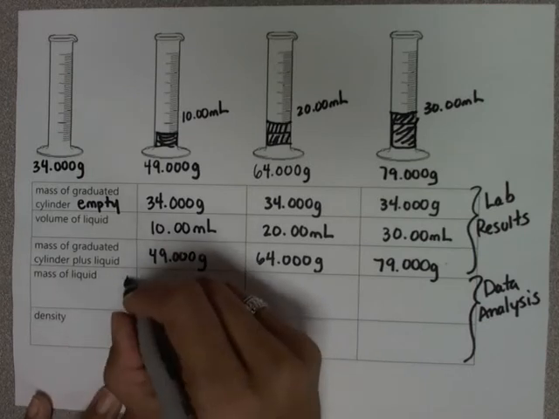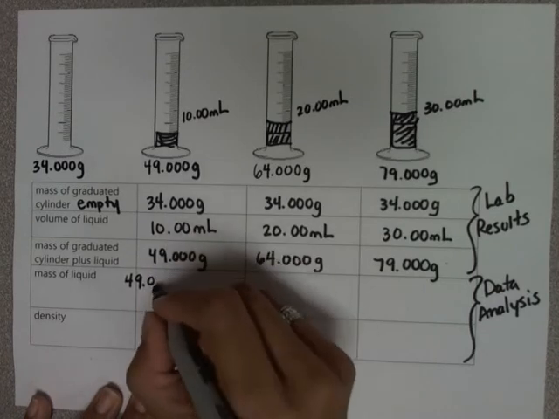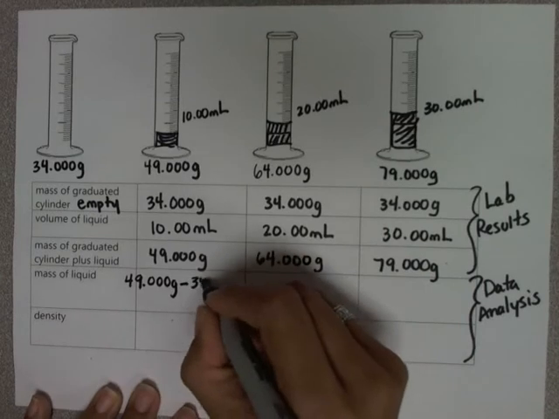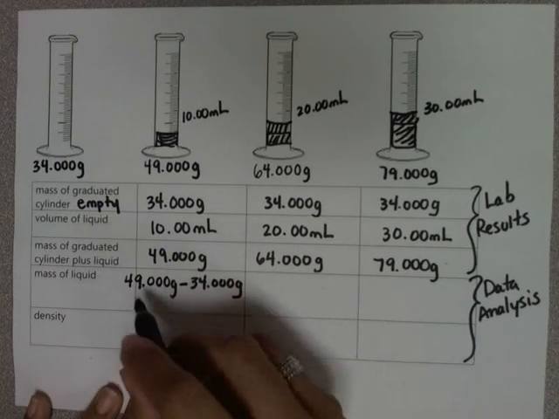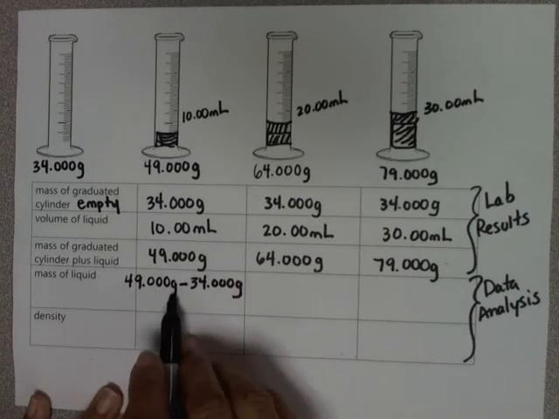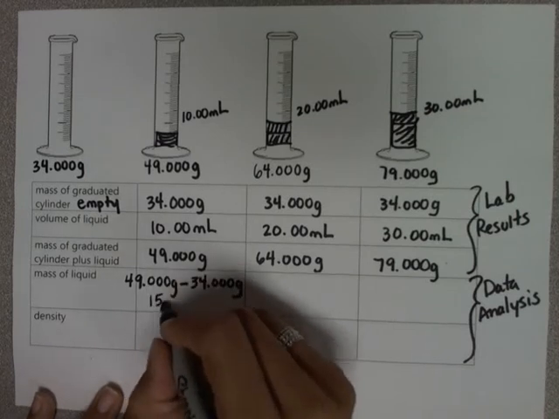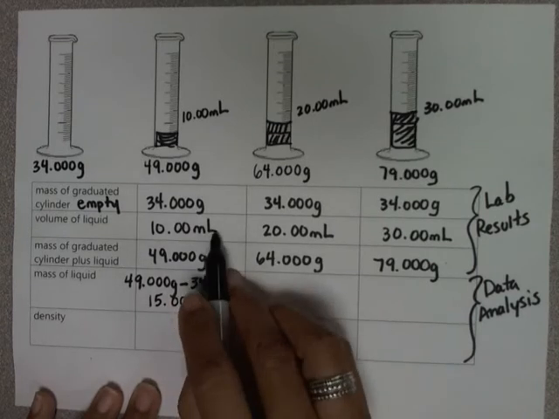To do that, I take the mass of the liquid with the graduated cylinder and subtract the mass of the empty graduated cylinder. So for 10 milliliters, that's 49 grams. And then I subtract the empty graduated cylinder, which is 34 grams, and I get 15 grams, and that's the mass of 10 milliliters of liquid.